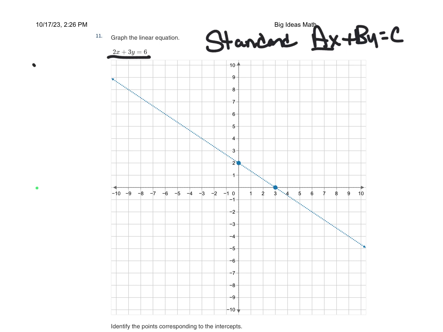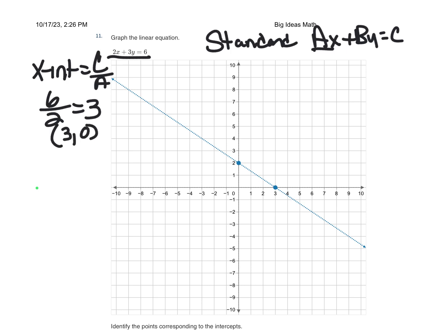So to get my x-intercept is c divided by the coefficient of x. All right? So it's going to be 6 divided by 2. So my x-intercept is 3 right here.